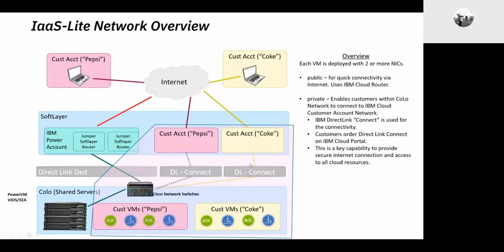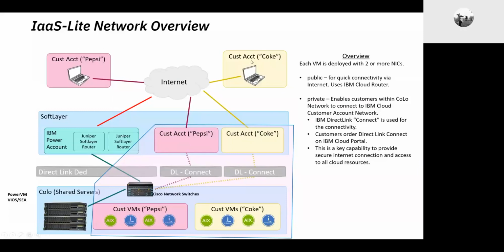So now that I have this Direct Link Connect between the x86 and Power Cloud, I can use that to tunnel in from outside, from on-prem, to my virtual server. So what I can do is I can actually create a virtual machine. Let's say this customer account Coke in the middle of this chart, let's say that's an x86 virtual machine I allocated. I could use that as a jump server.